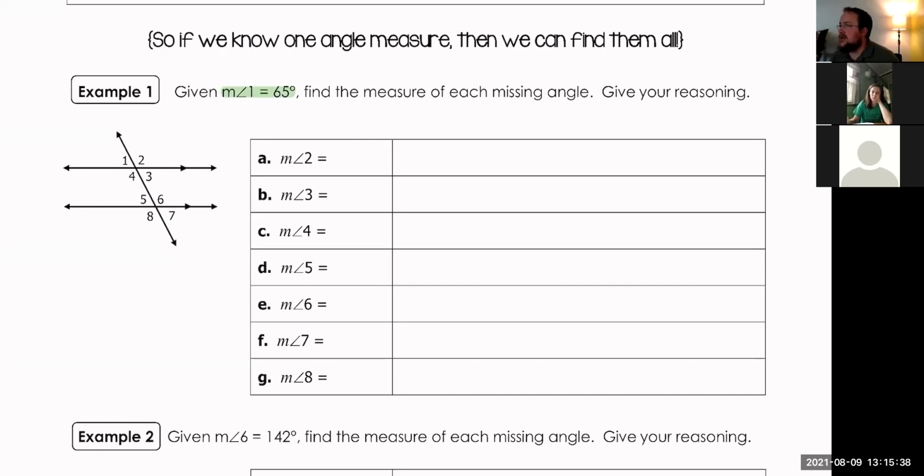So technically we could go in order, we could jump around. I'm just going to go in order so it's easier to kind of correspond our notes together. So I'm going to start with, if we know angle 1 is 65 degrees, how can we find angle 2? So they are supplementary. Do you know why they're supplementary? There's a name for them.